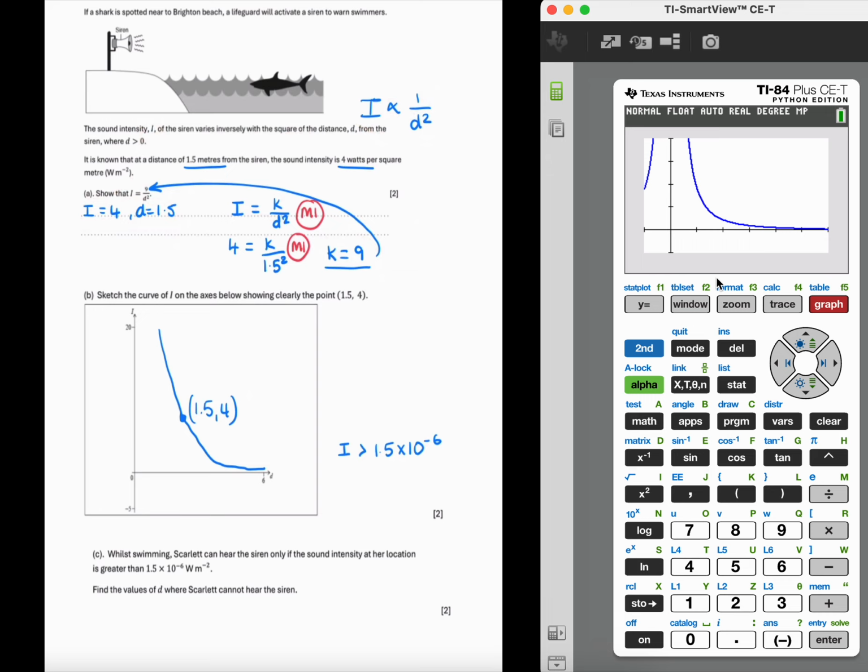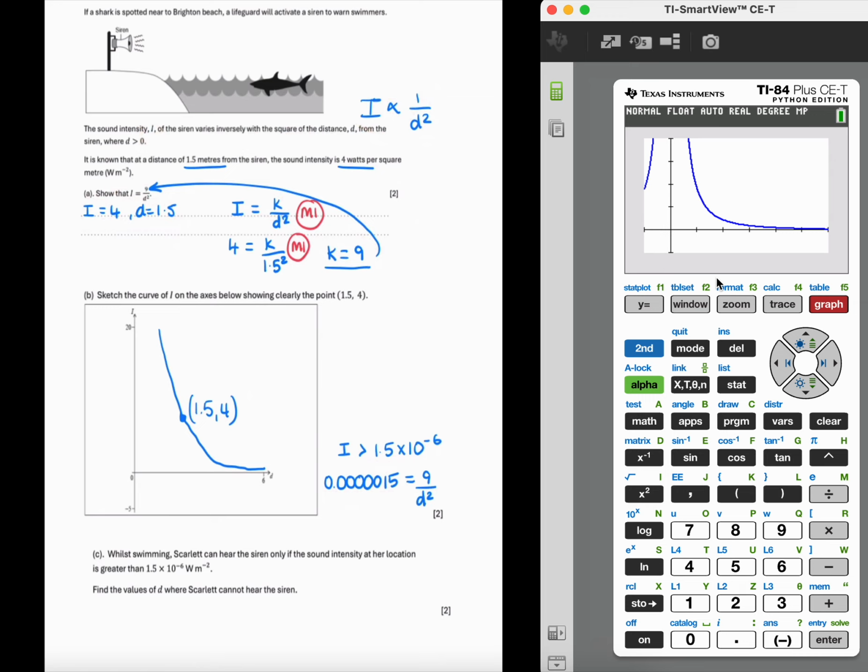So if I write that out in decimal form, 0.0000015, there we go. So that is this number here, just written out again. And that is equal to 9 over d squared.